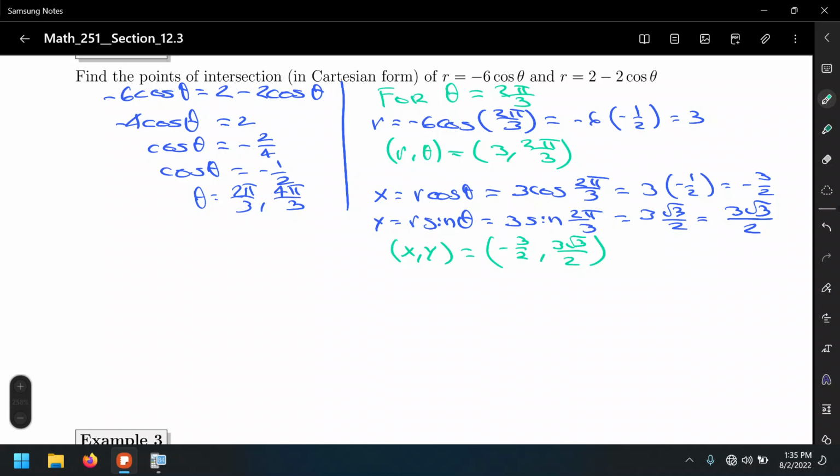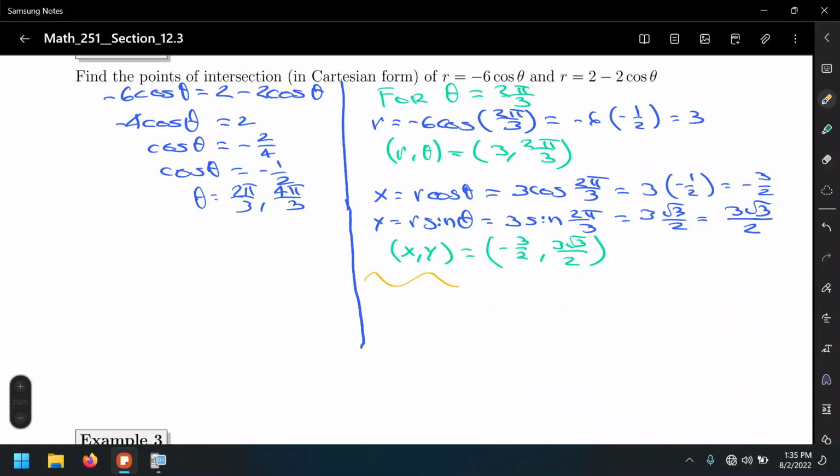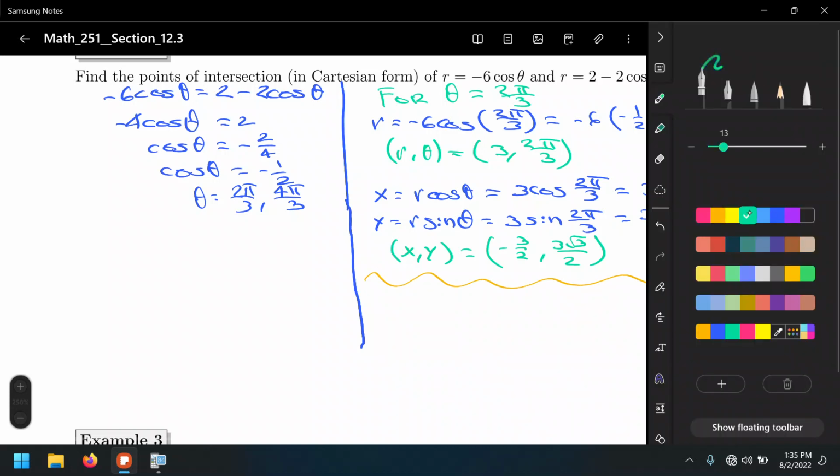And we just did it only for the angle 2 pi over 3. Let's repeat the process for 4 pi over 3.